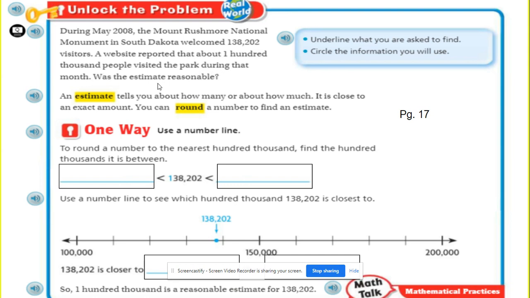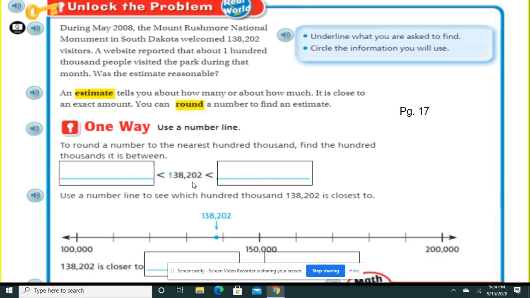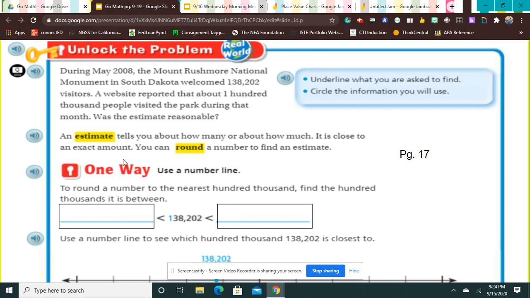Was the estimate reasonable? So we're going to round our number to the nearest 100,000. So our exact number is 138,202 people. So I want to go to my place value chart and I want to plot that number.